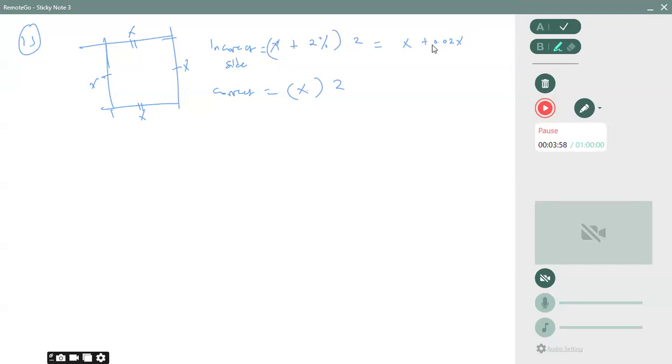Let me put it properly, 0.2x. Isn't it 2x? It is 2x. Then this one will be 0.2 times the 2, I think.